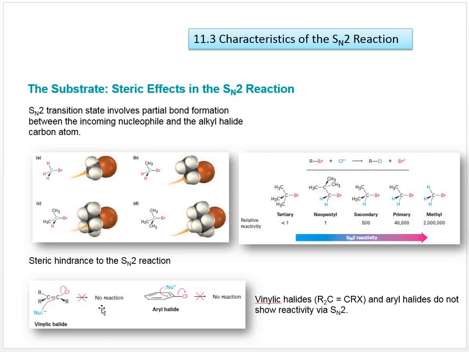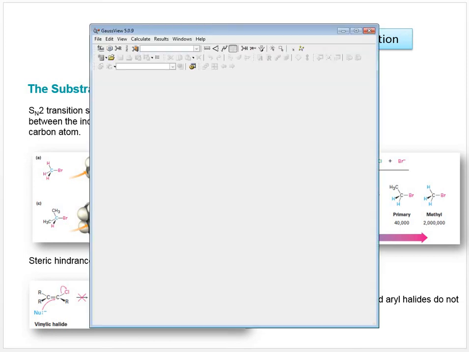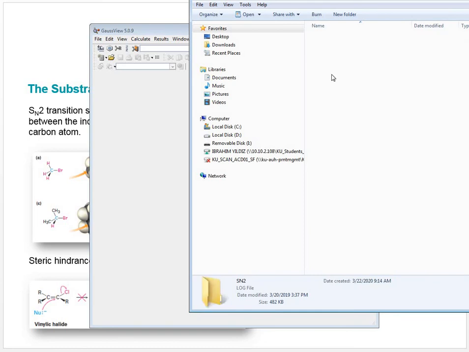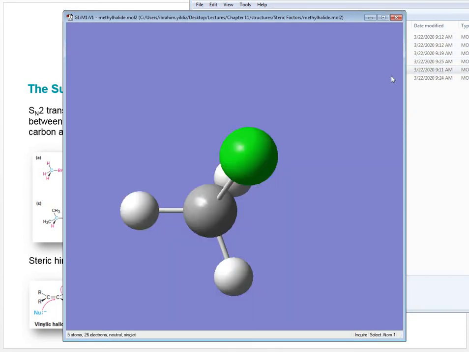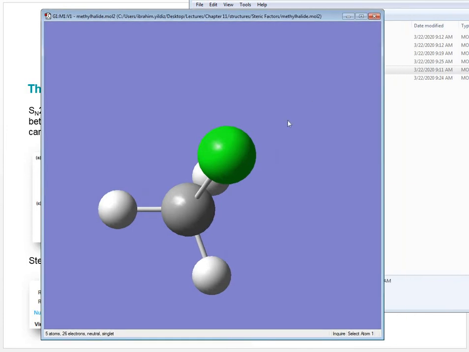And another thing, I'm going to show you some models representing methyl bromide or methyl halide versus t-butyl tertiary bromide. So I'm going to show you methyl halide, and we are going to see this one.